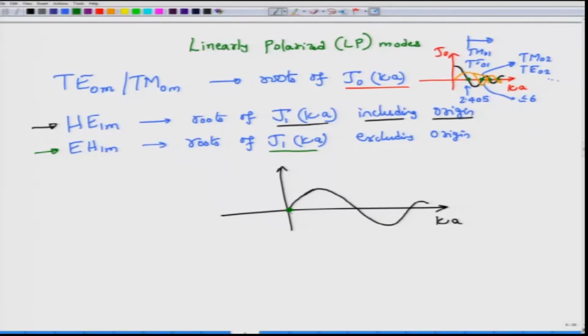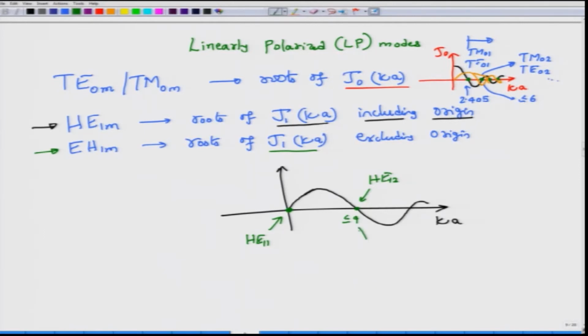Okay. So, which means that this particular mode has no cutoff frequency whatsoever. So, the cutoff frequency for this mode is actually at 0. So, this is the mode which would be HE11. The next 0 for this J1 function occurs slightly less than 4. Okay. So, when it occurs, you will have the HE12 mode, but at the same time you will also have the EH11 mode.